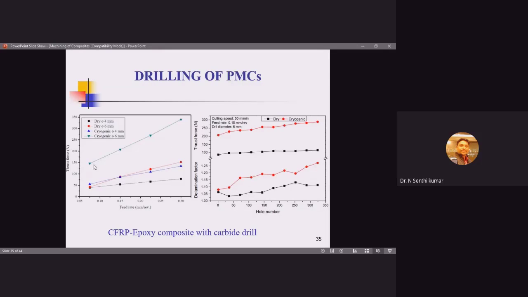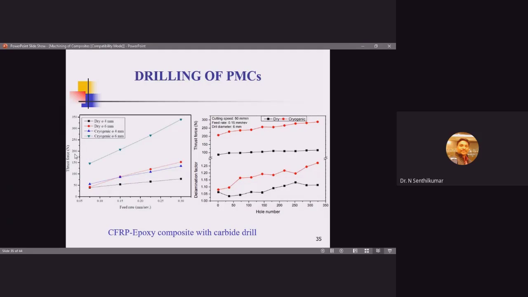Then drilling of polymer matrix composites. Here we are machining carbon fiber reinforced polymer, that is epoxy composite, with a carbide drill. You can see cryogenic cooling with a 4 mm drill bit and a 6 mm drill bit. Dry means no cooling is provided, but in the second case cryogenic cooling is given.